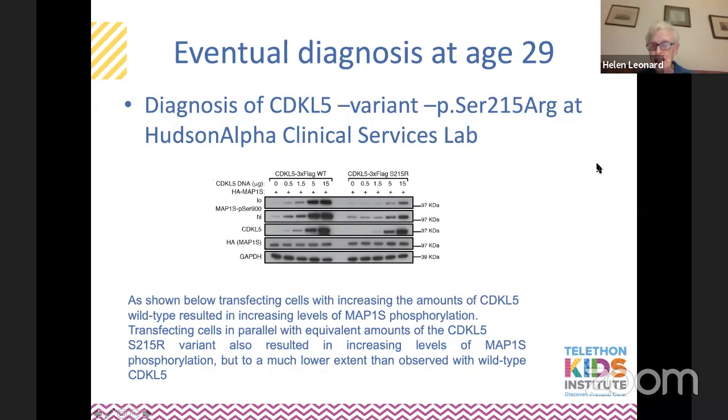Anyway, we collaborated with a laboratory in Dundee, Scotland, and they looked at this mutation in vitro, and they found that this mutation certainly reduced CDKL5 activity, but it did not reduce it as much as typical mutations. So it's really telling us in vitro that this is a mild mutation, which really fits in with this young woman's characteristics. And let me just show her to you now.